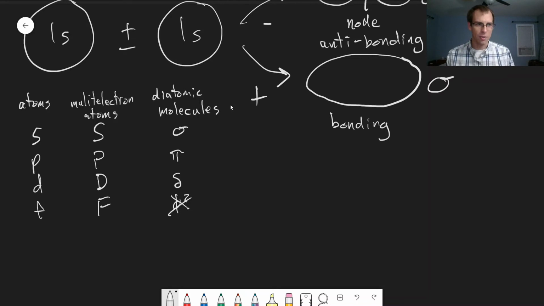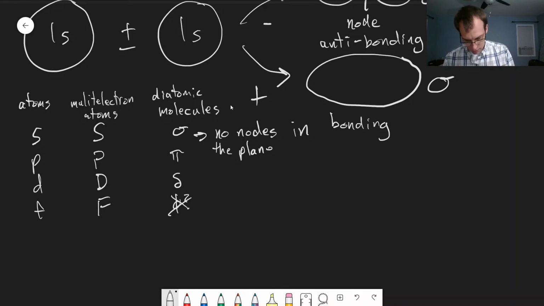What do these mean? These follow a similar idea as our atomic orbitals, where a sigma orbital has no nodes in the plane of the bond. Sorry about that notification ding.